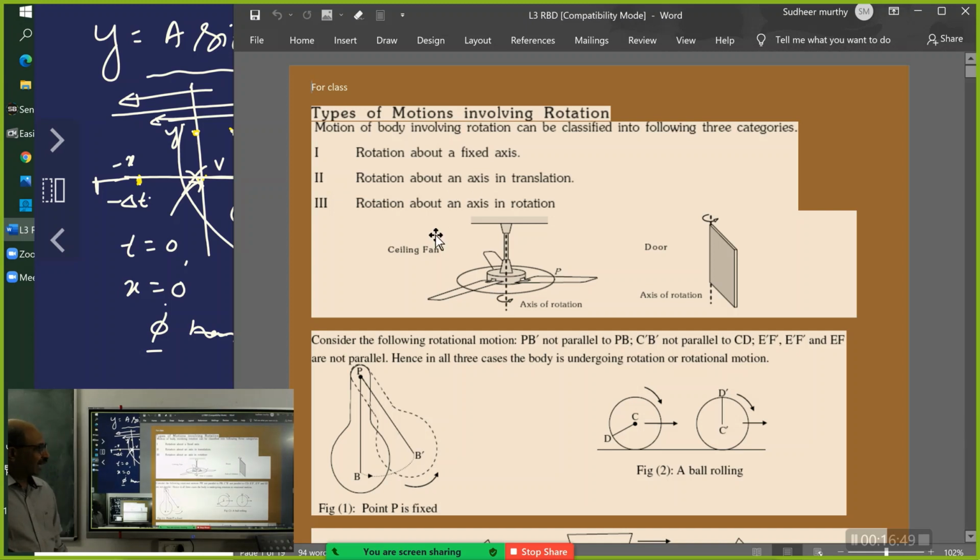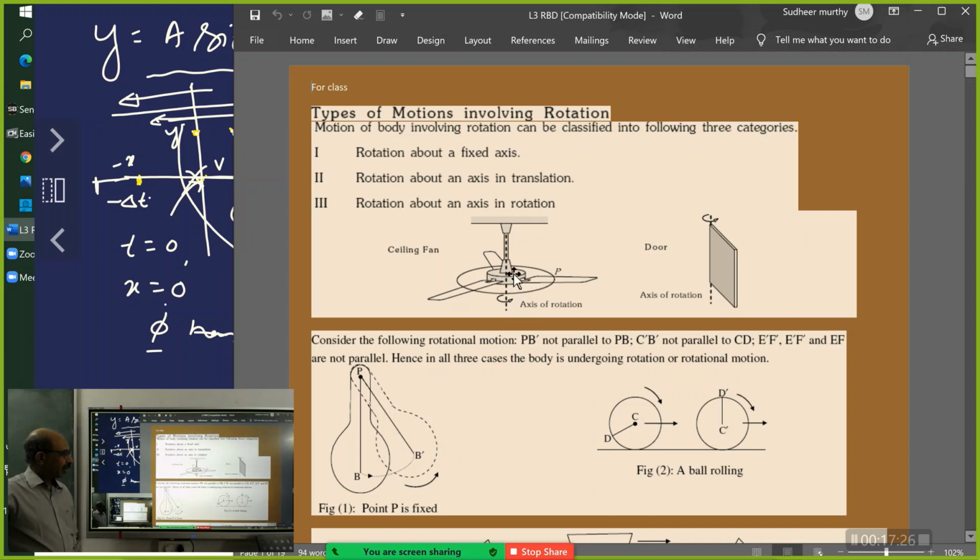So rotation about the fixed axis. Yesterday we discussed the ceiling fan. You can see that there is an imaginary line drawn here. About this line, if you take any point on the wings or on this disc, each of the points is performing circular motion, and the planes in which each particle is making circular motion are all parallel to one another and perpendicular to this line.